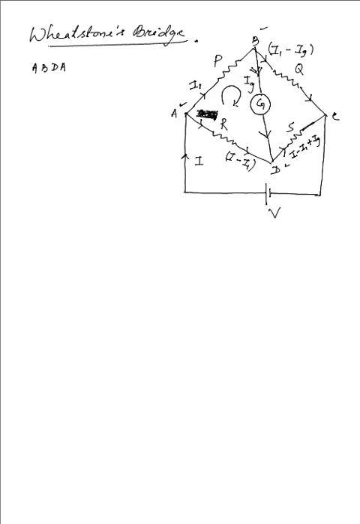With all these currents available, they are entering the junction C now. What is entering C is I minus I1 plus Ig from D, and from the point B we have I1 minus Ig. With all these currents added, we get I minus I1 plus Ig plus I1 minus Ig.